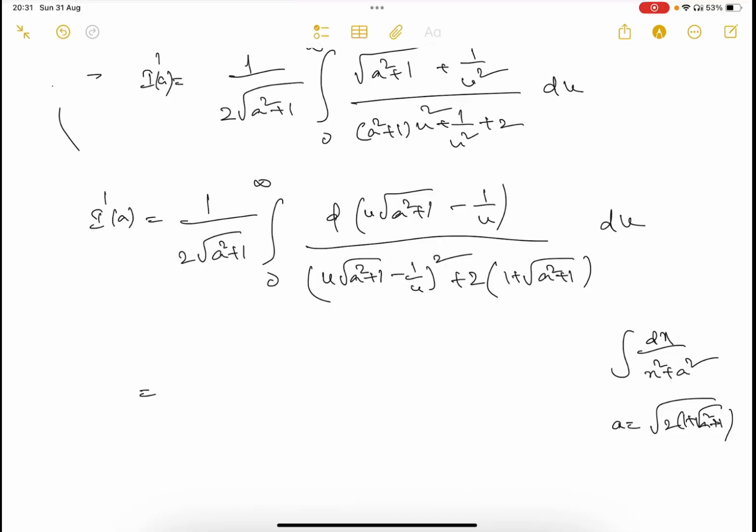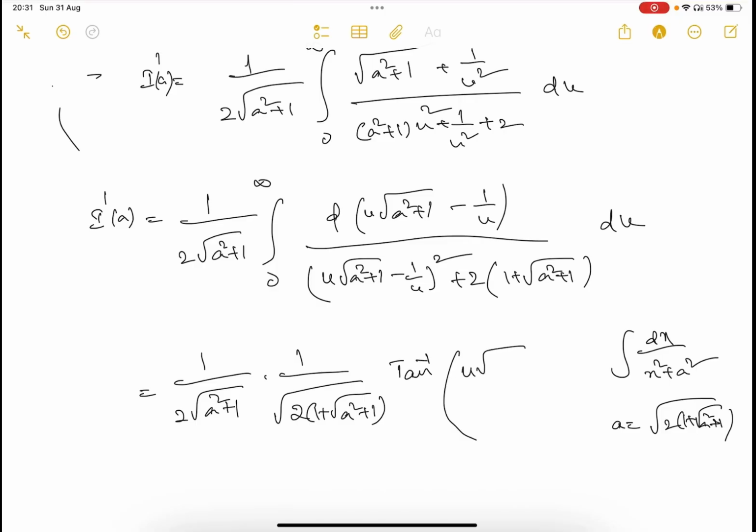So this is 1 by 2 into root of a square plus 1, integral, sorry, we'll write it as 1 by a, right? 1 by root of 2 into 1 plus root a square plus 1, into tan inverse of x, which is u into root of a square plus 1 minus 1 by u, by root of 2 into 1 plus root of a square plus 1.